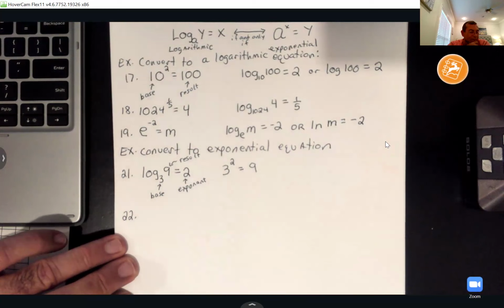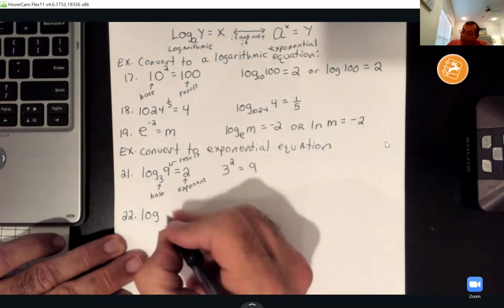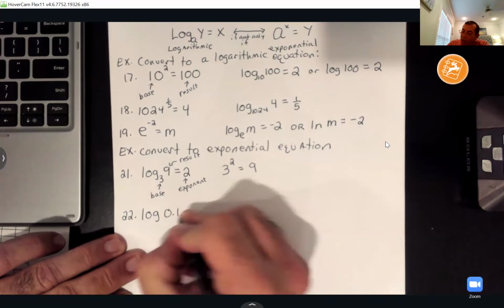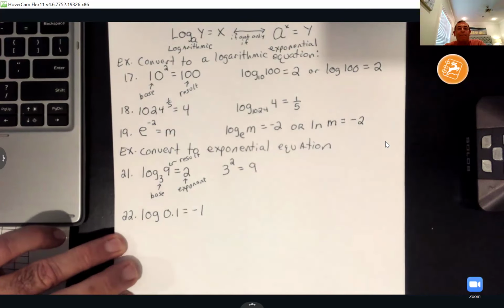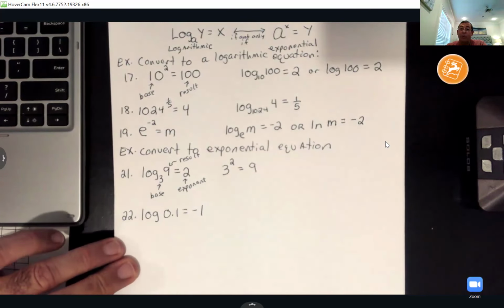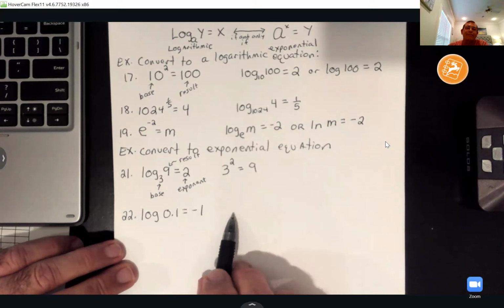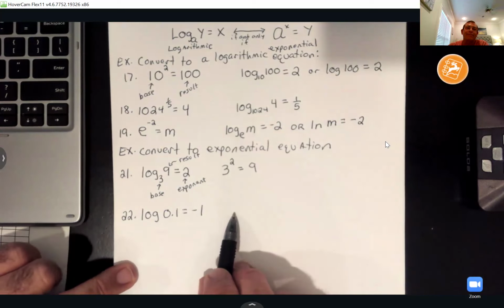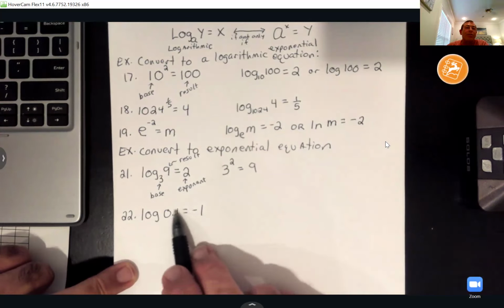Let's see which one I want to do here. I'll do this 22. Log of 0.1 equals -1. So a trick question here, but what's my base? Oh, that's my result.